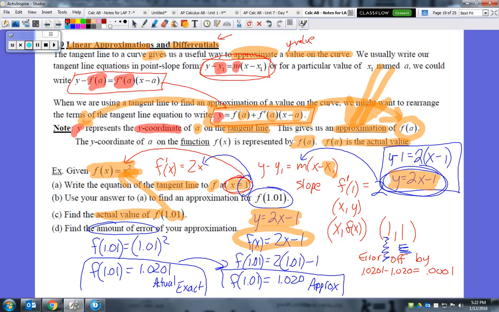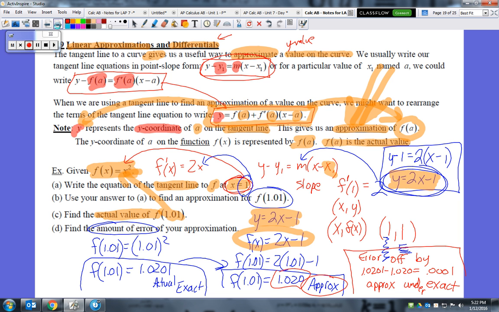You could put units if you want, and you'll say the approximation is under the exact. And that would be your answer for part D.